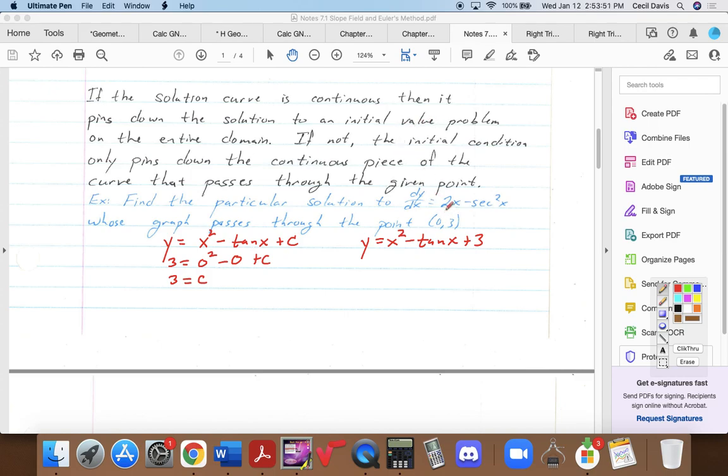But we only are going to have one branch of this. Notice that the x value here was 0, right? What if we look at the graph of tangent and we include x as 0, we only have the principal branch, which goes between what two values? Negative pi over 2 and pi over 2. Yeah, negative pi over 2 to pi over 2.